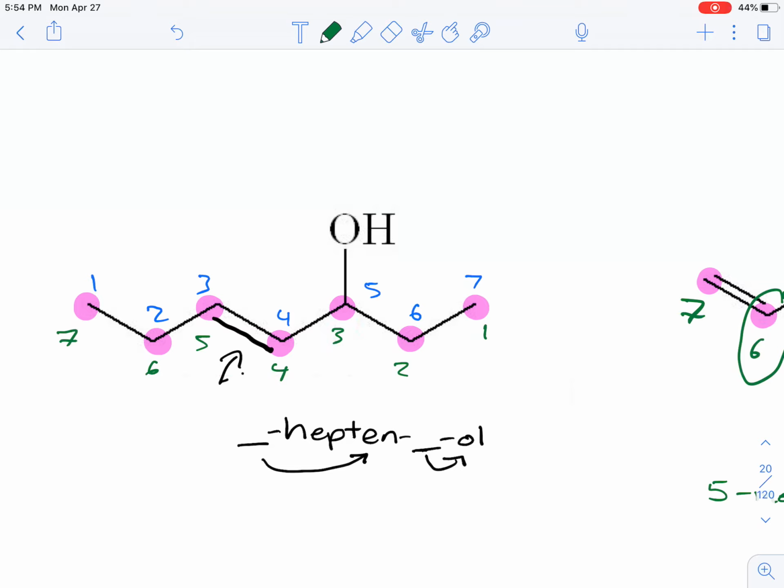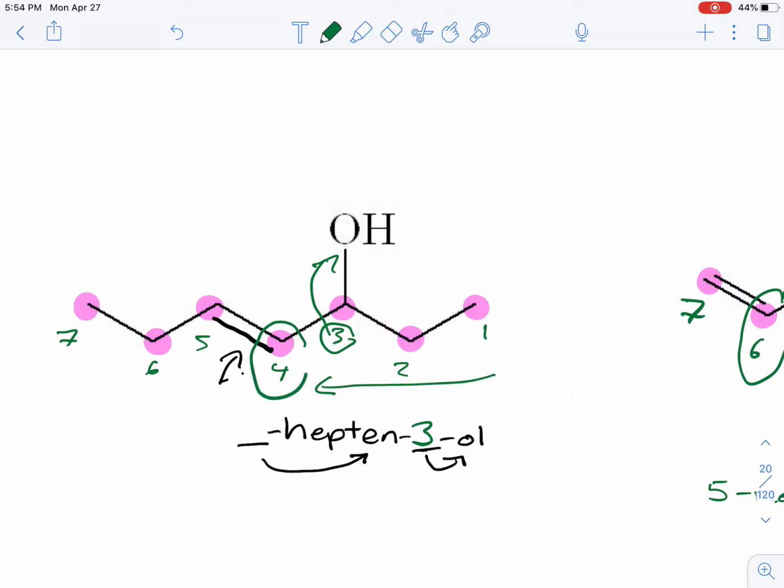And so I want you guys to notice that the numbering system in green would produce the lowest carbon number for the alcohol. And so what I'm going to put in this space is 3. And I'm going to go ahead and erase the numbering system in blue. And so to describe the carbon number of where that double bond starts, I'm just going to go from right to left.